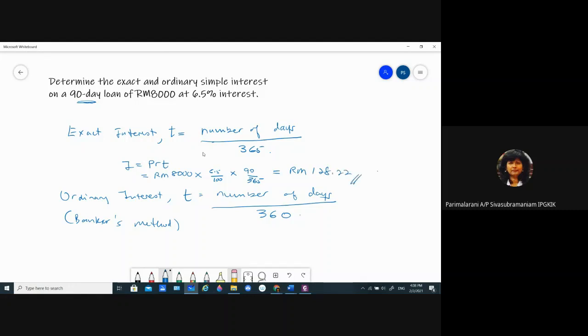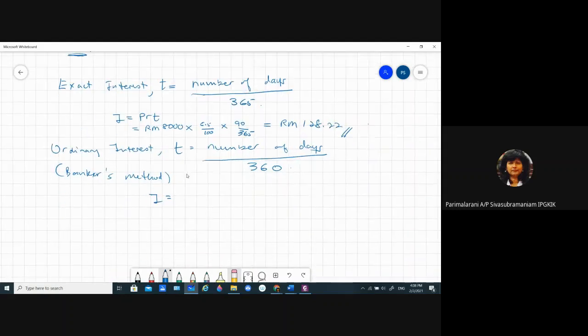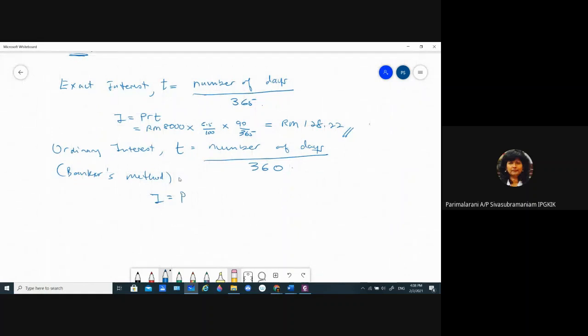For ordinary interest, I is equals to PRT. Still the same, 8,000 times R is 6.5 over 100 times our T is also 90 days, but now we're dividing it by 360.